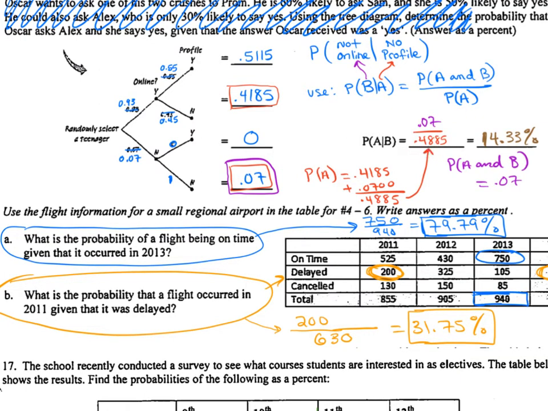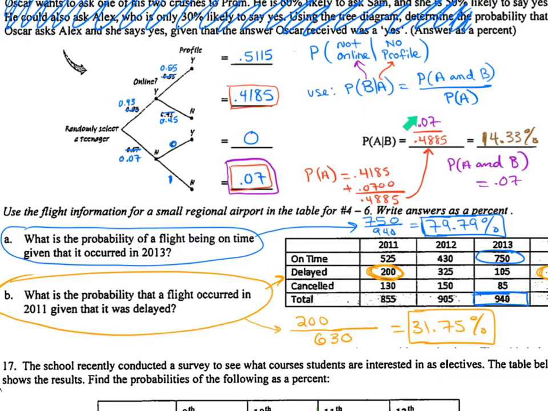Okay, then we need to get the numerator, which is the probability of A and B, which means the probability that the student is not online and does not have a profile. So if we look at the diagram, we're looking for two N's: the probability that is not online, that's the first N, and the probability that the student does not have a profile, so that is 0.07 times 1, which is this 0.07.